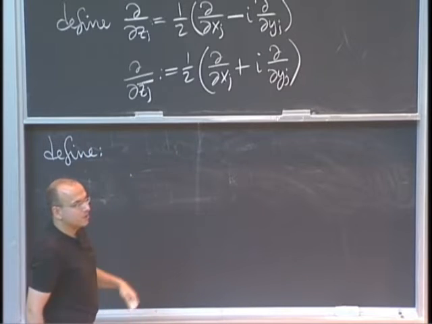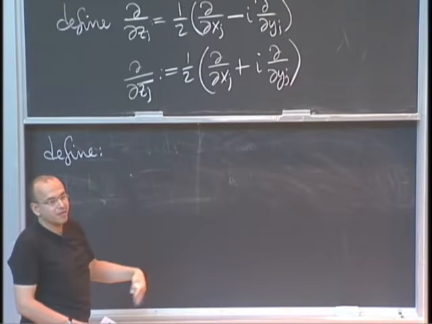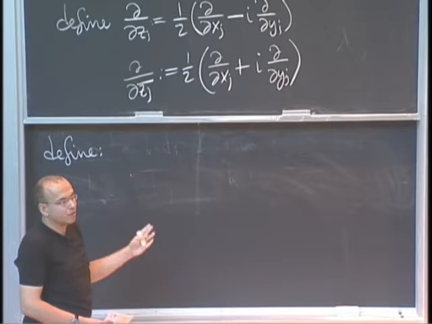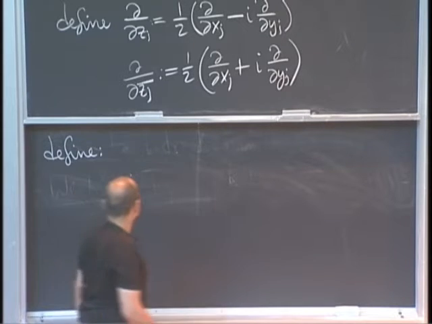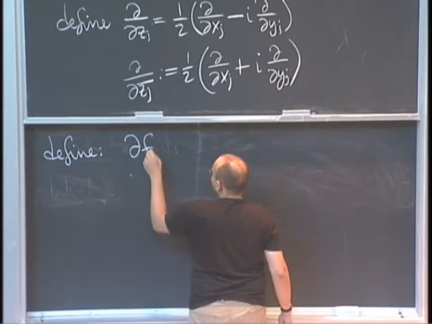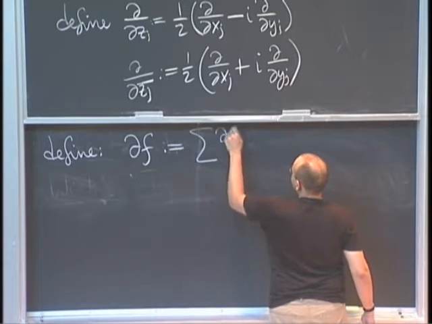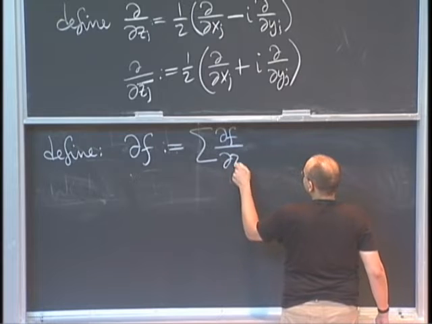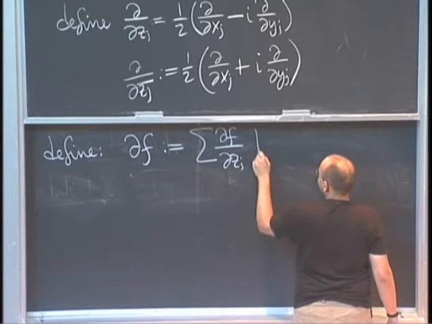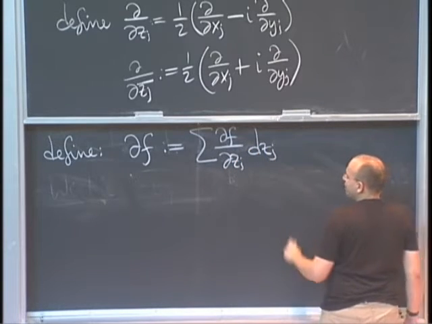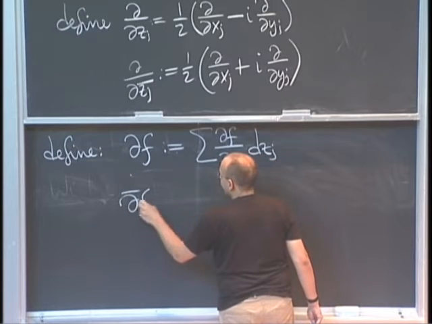And then what you use them for is to decompose the differential of an arbitrary smooth function into sort of holomorphic and anti-holomorphic parts. So you define del f, this is the sum, so it's a one form that's going to be df by dzj dzj, plus del bar f.